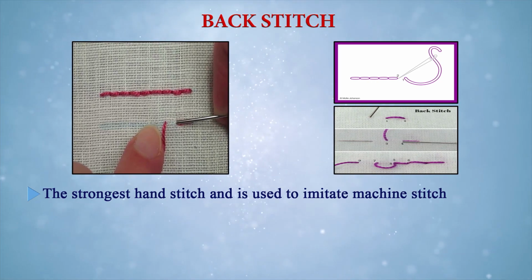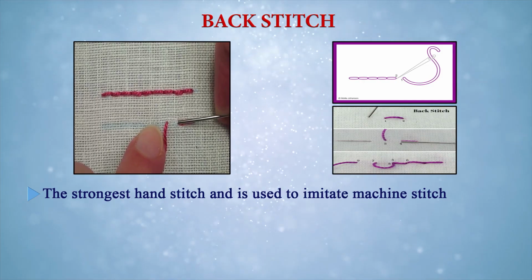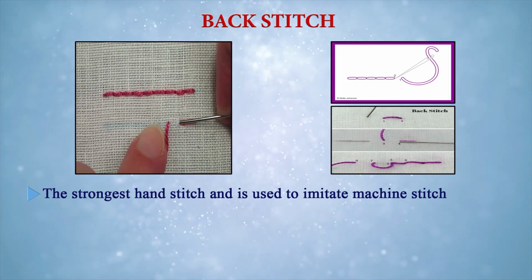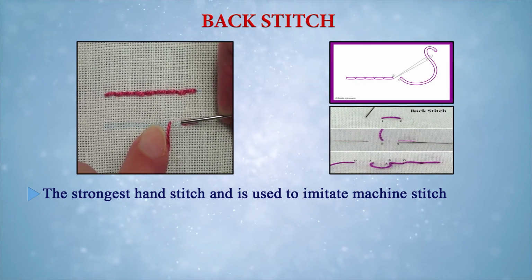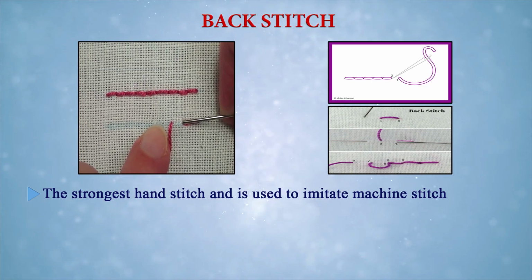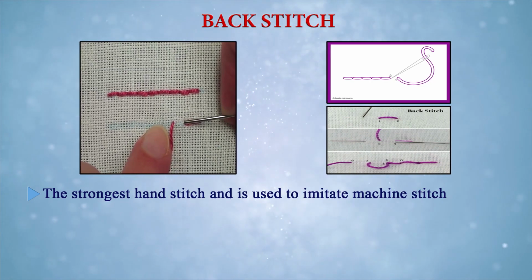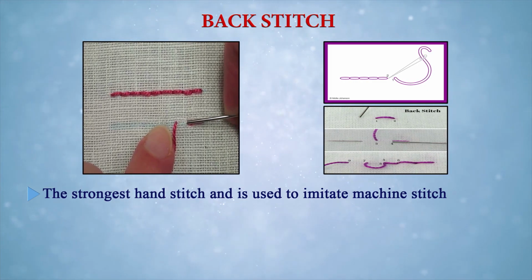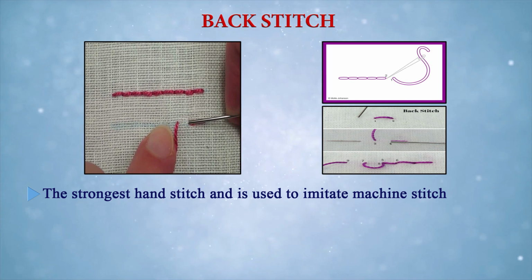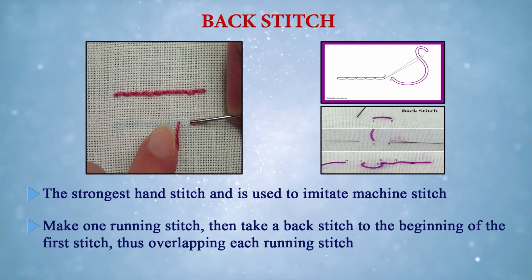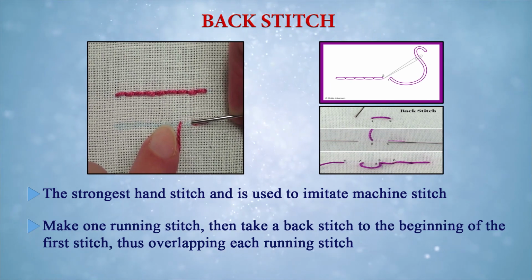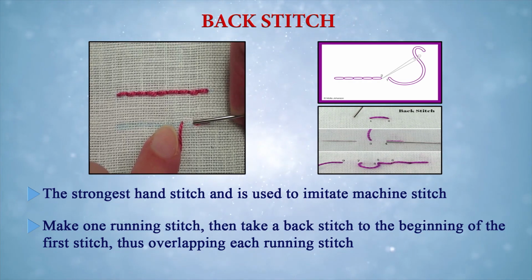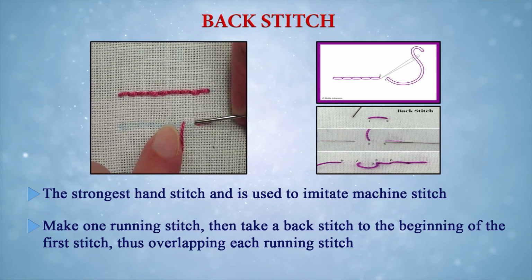What we do is take a needle, insert a thread in the needle, then make a knot at the end, as we generally do in any type of hand stitching. Then insert the needle in the fabric and make one running stitch on the fabric.